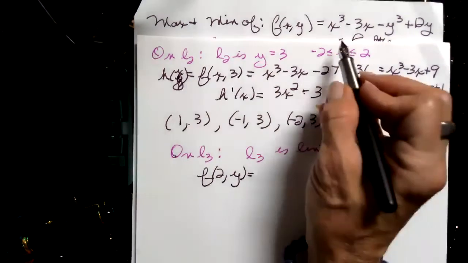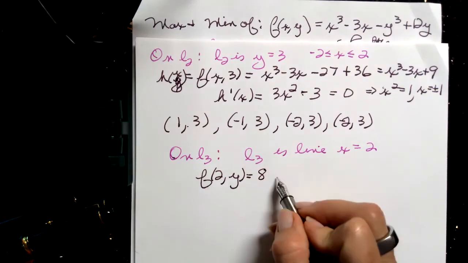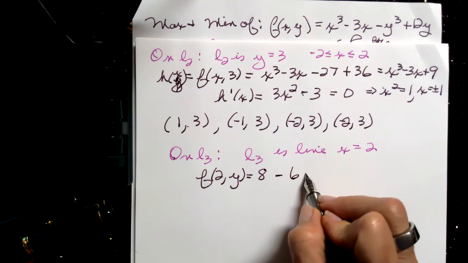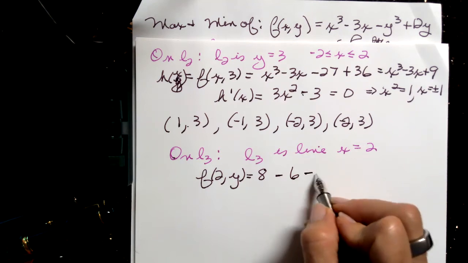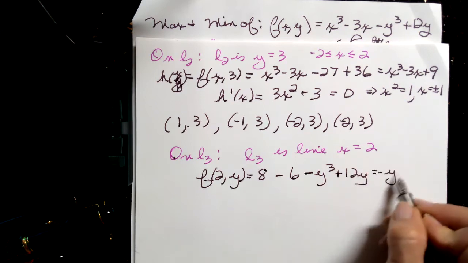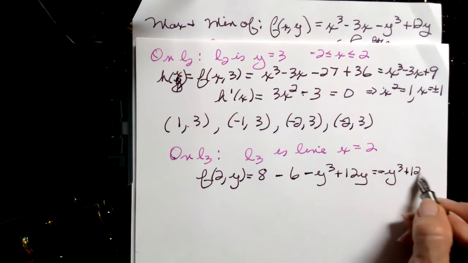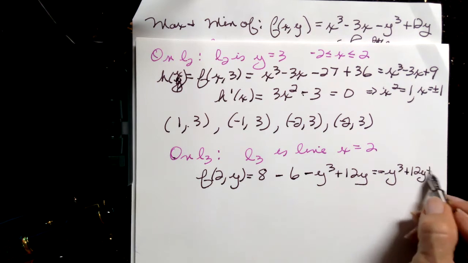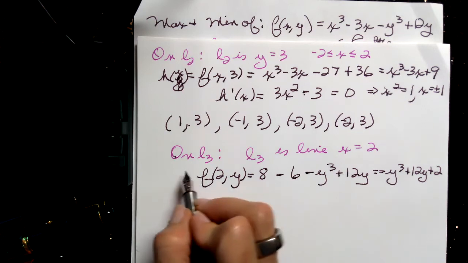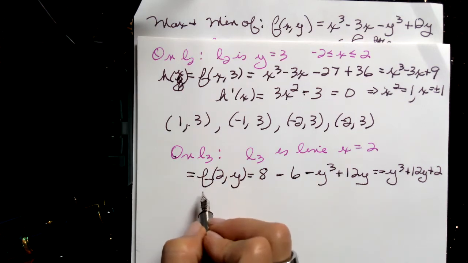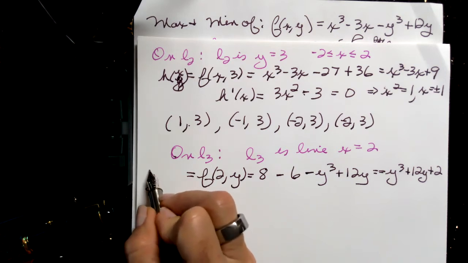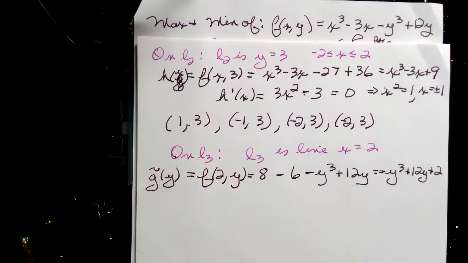When x is equal to 2, we get 8 minus 6, and then we have minus y cubed plus 12y. So this becomes minus y cubed plus 12y plus 2. And notice that's a function of y only. So we can give it a name that reminds us of calculus 1. We had a g before, so let's call it g tilde of y.